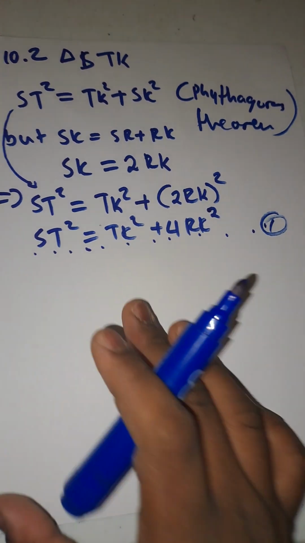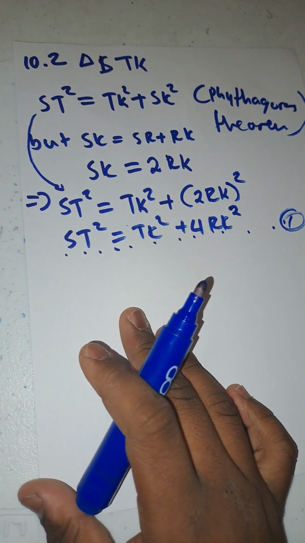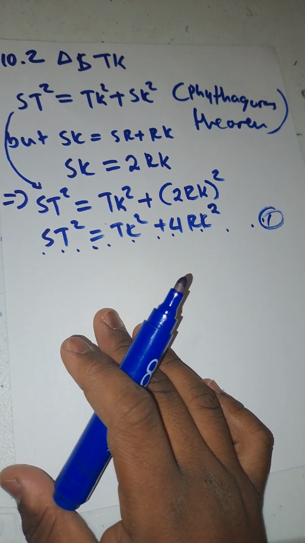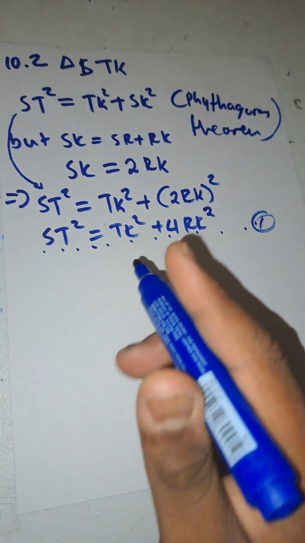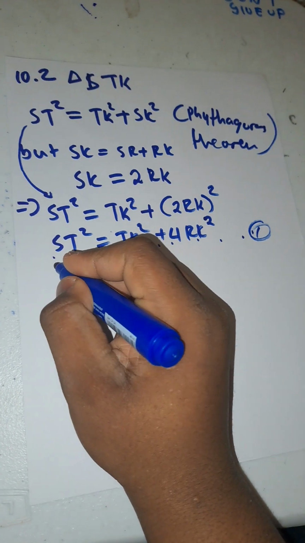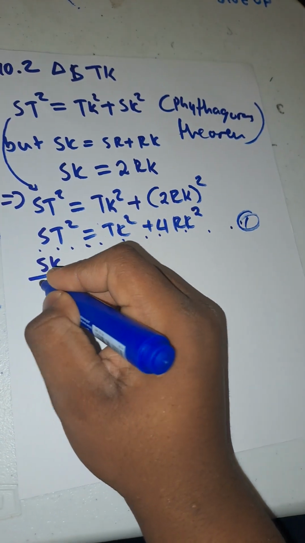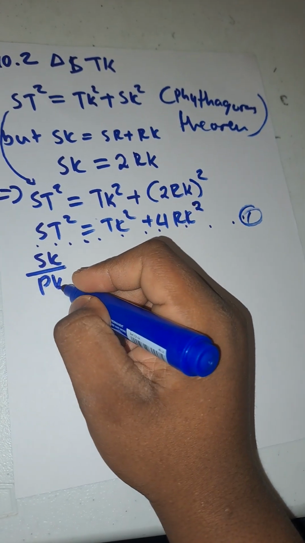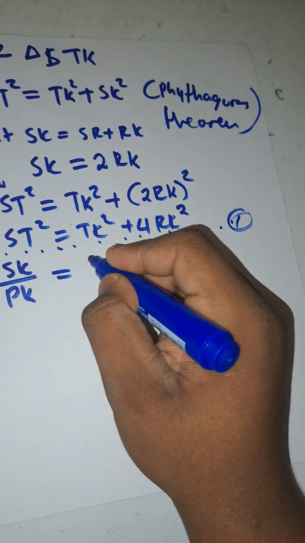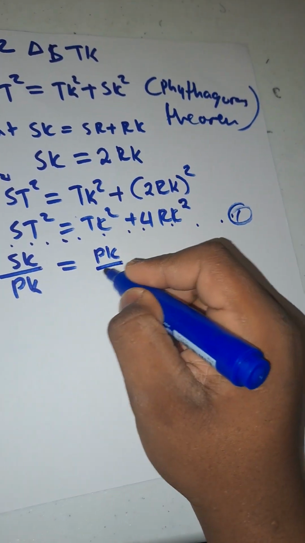Now from 10.1.3, because we have proven some of the things, you can rewind and go back there. So our SK over PK is equal to PK over RK.